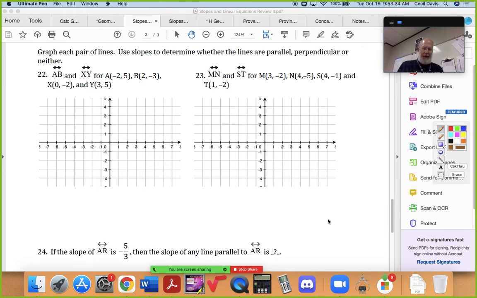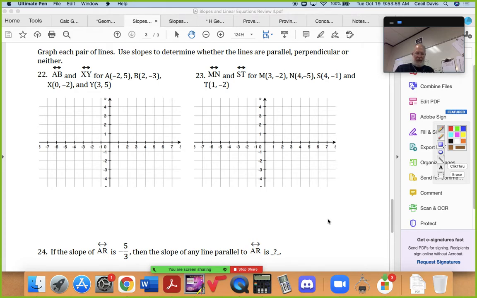The slope of ST is +1/3, so those are perpendicular. Number 24 is -5/3. 25 is 7/5. 26, you don't have to do any work on this one. You can just look at them and know that they are parallel.